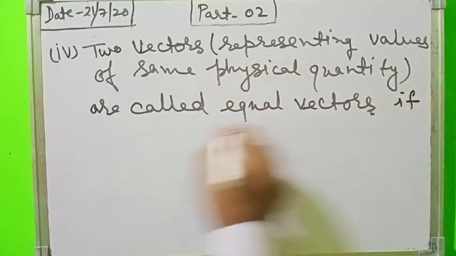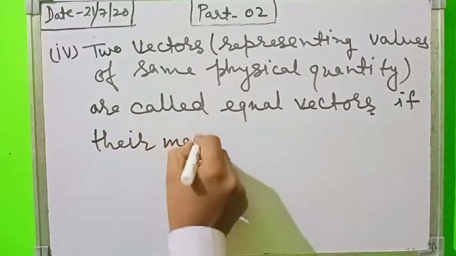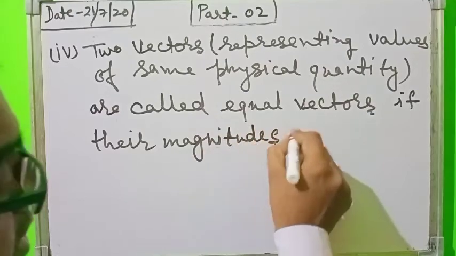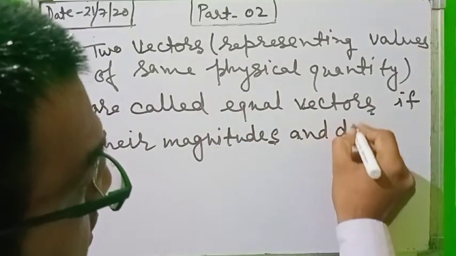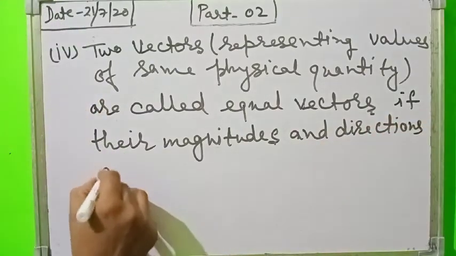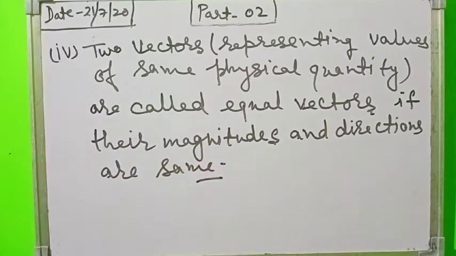If their magnitudes and directions are same, the vectors are called equal vectors.